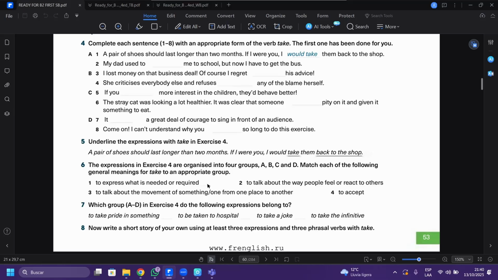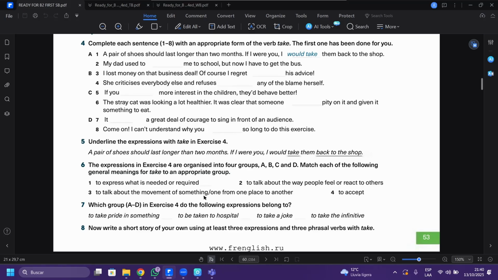Okay, the group letter D is number 1. Yes, because you say it takes a great deal, so it means that you need to take a great deal of courage. And the next one says that you take too long or so long to do this exercise. That expresses what is needed or required. So the group here is letter D.